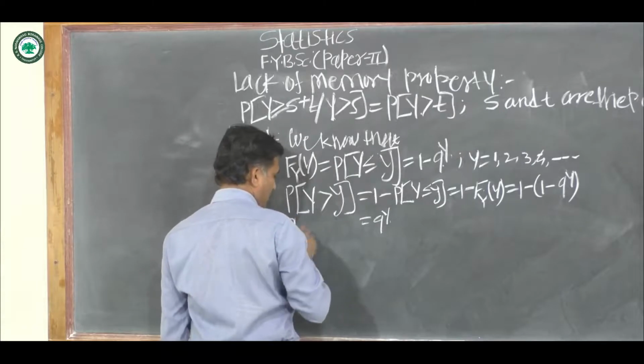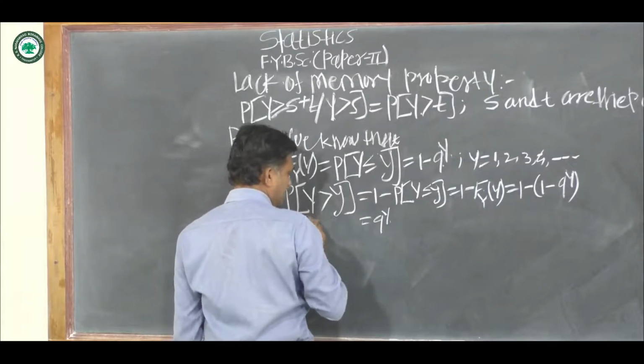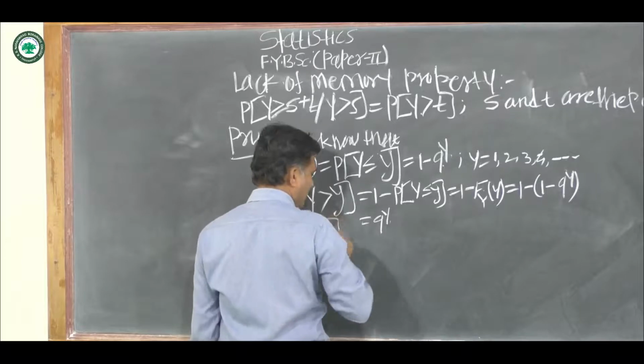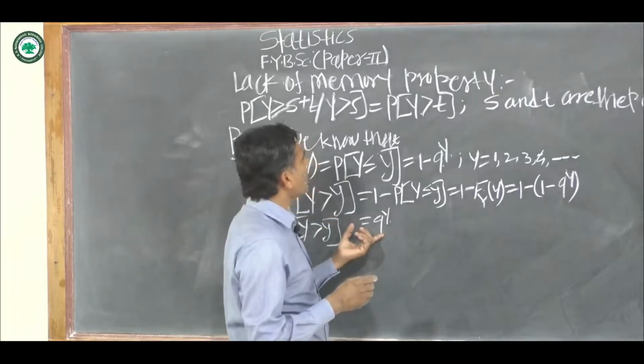Probability of Y greater than small y is equal to q raised to y only, okay.